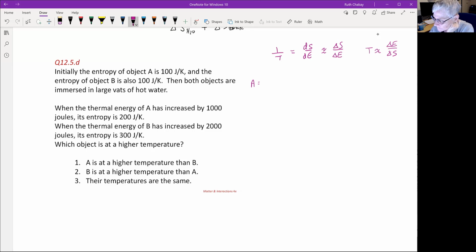For A, T sub A is going to be the change in energy over the change in entropy, and we need two values for each. The entropy is 200 joules per Kelvin minus 100 joules per Kelvin.